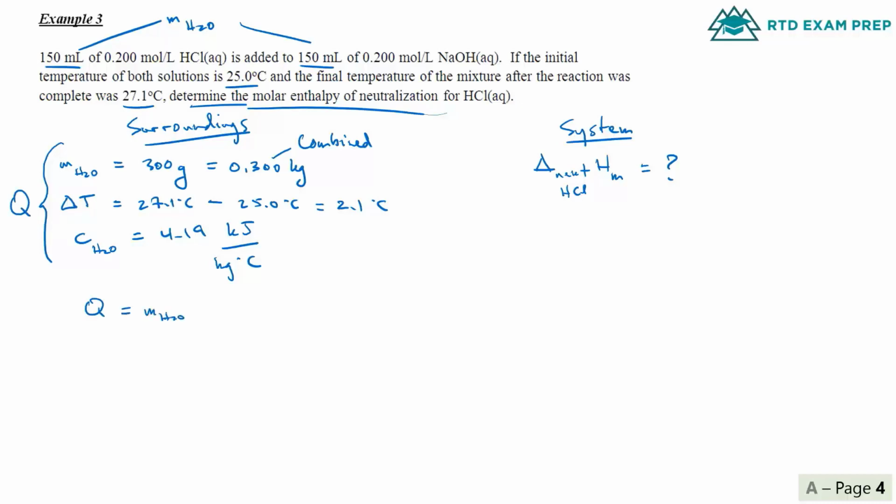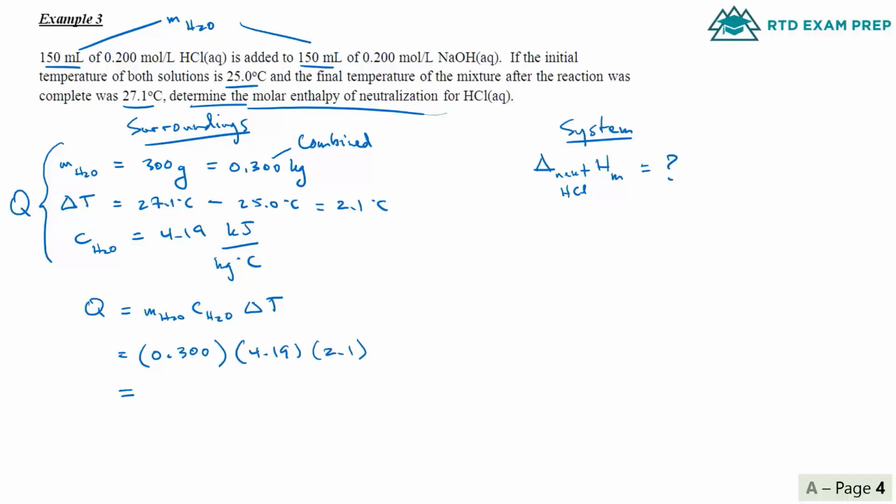So our Q is going to be the mass of H2O times the specific heat capacity of H2O times our delta T. With our mass of H2O in kilograms, we're using these special units of kilojoules per kilogram degree Celsius for the specific heat capacity and our change in temperature in degrees Celsius. We know that our units are good. We don't need to write them down when we're working out this calculation on our exam.